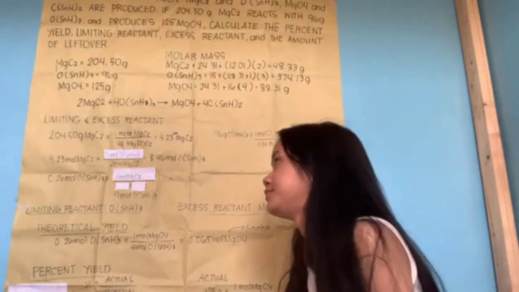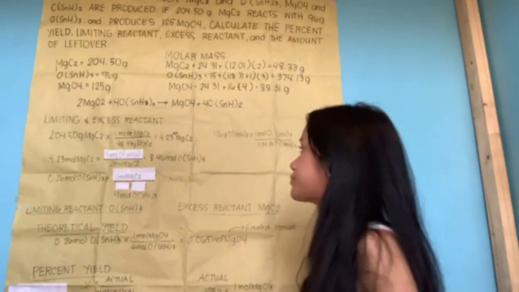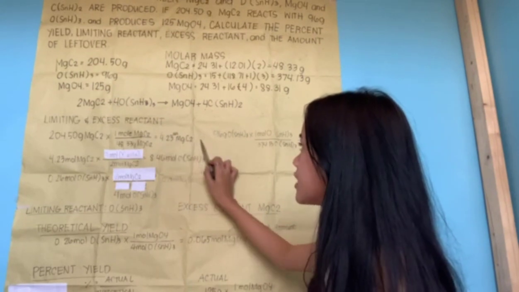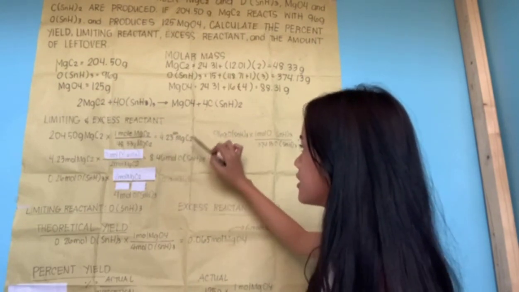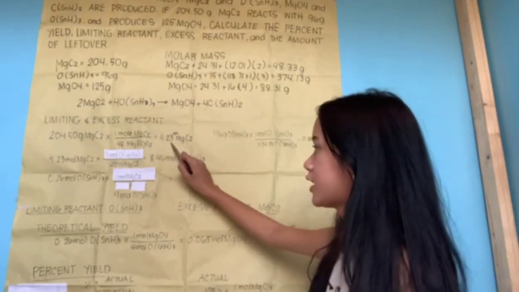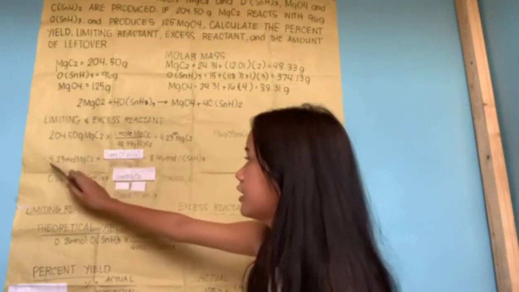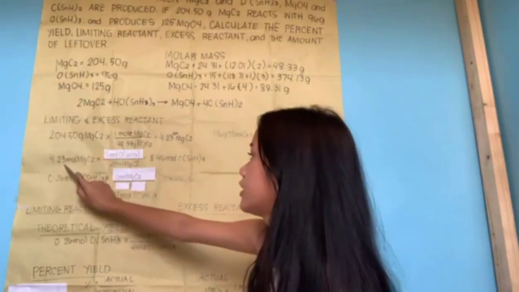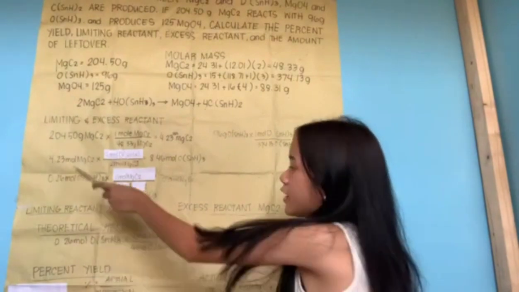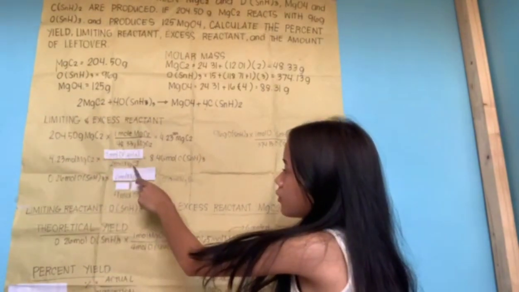Then second, we need to focus on this side. So first, 4.23, we just copy this. 4.23 mole MgC2 times 4 mole, again, divided by 2 mole MgC2.